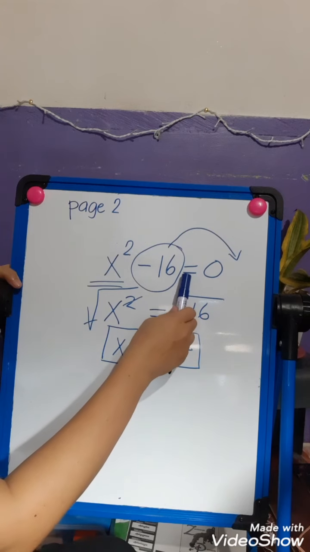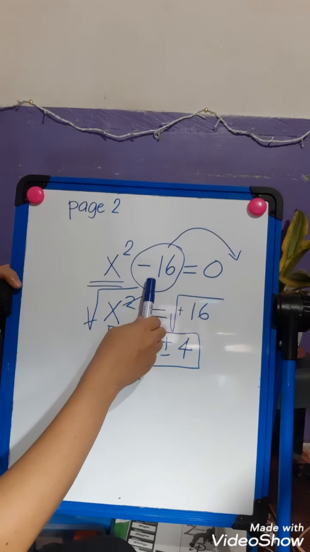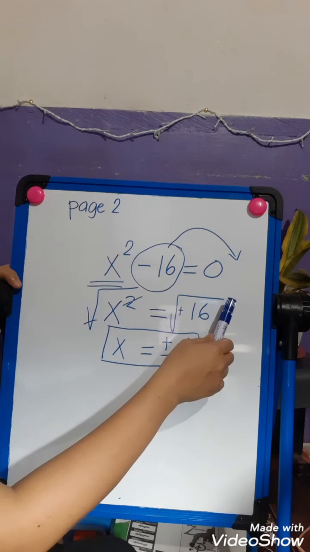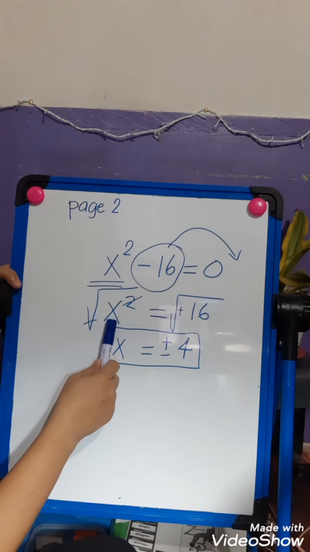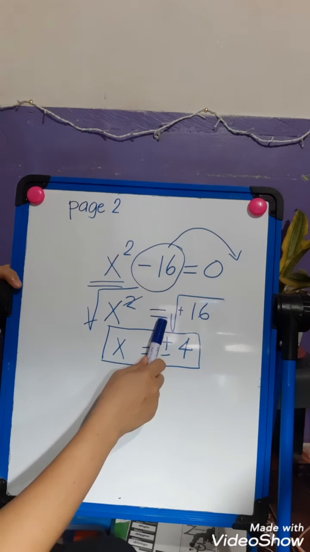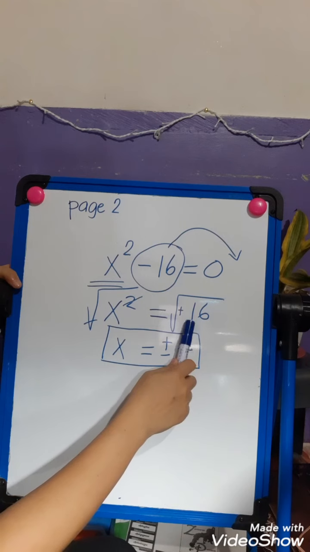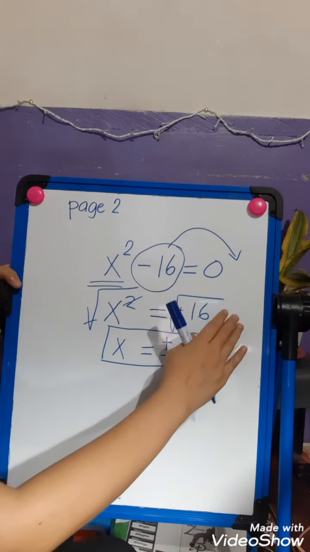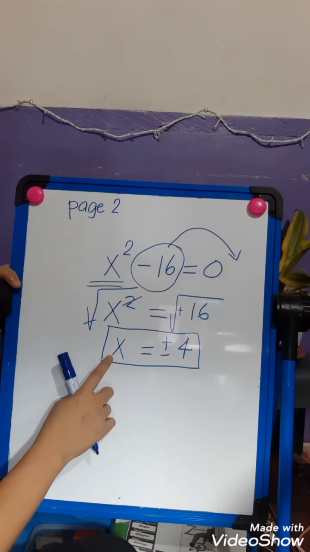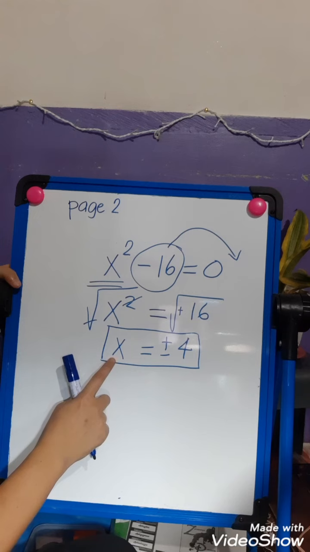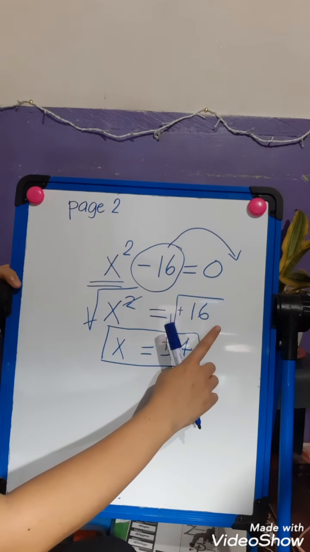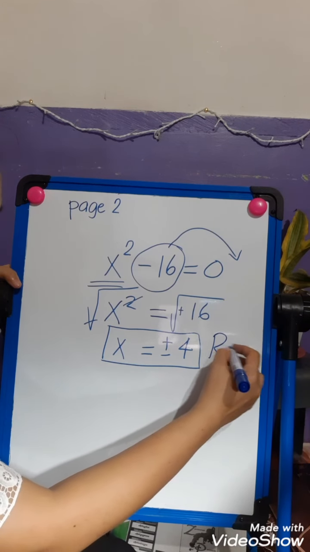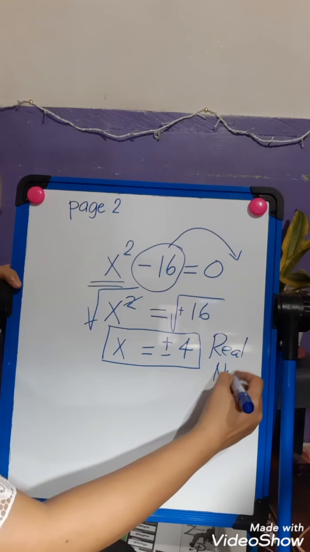Considering na ang equal sign is ang tulay, so pag ang number motabok siya sa tulay, then automatic ma-reverse ang iyang sign. So x squared magpabilin, which is equal to negative 16 mahimo positive 16. Then extract the square root of both sides. We have x, or the square root of x squared is x, and the square root of positive 16 is plus and minus 4. So still, this is a real number.